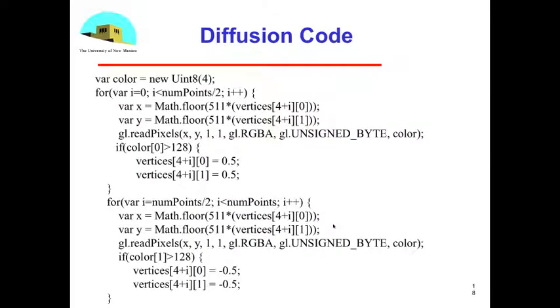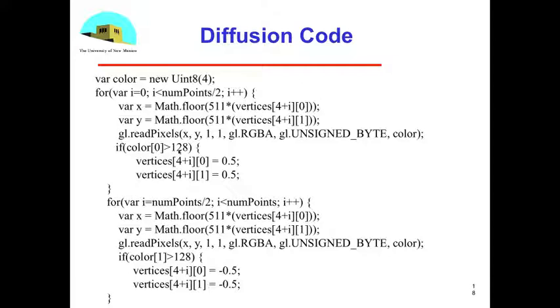Now, how does the code change? It doesn't really change all that much. Basically, if you look at the previous example, here's the random motion. Now I have to look at what's there. So here's a read pixels of 1 pixel at the point that I'm at, and I put it into color, and then I check the first component, the red.